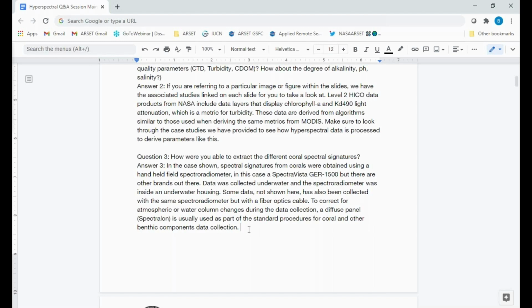But if you're collecting data over 10 minutes, and you're disturbing the bottom while you're collecting the data, that's something that you have to take into consideration as well. And the spectral panel in particular helps with that, because it has a homogeneous surface all over the panel.